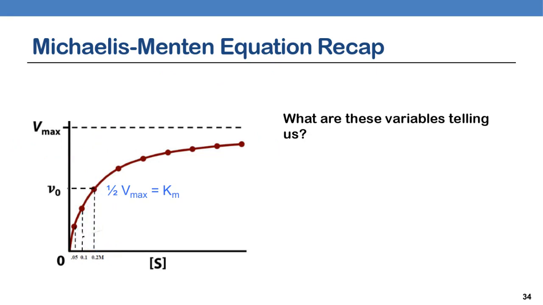Can I erase this? Wait, let me do a better job. So if we continue this line up here, this is half our Km. And if we come here, oh my gosh, I'm so sorry.